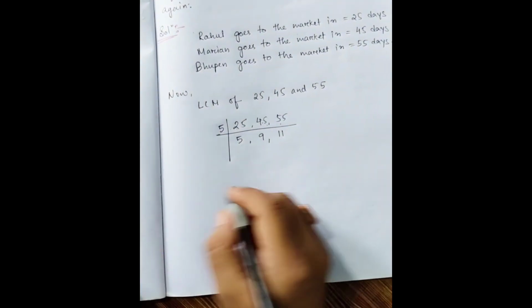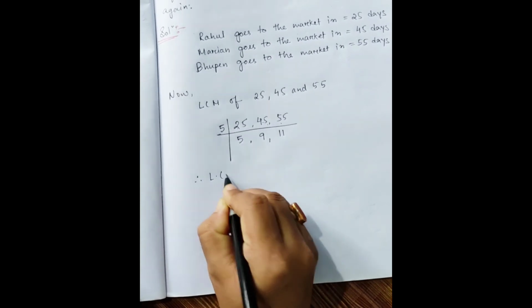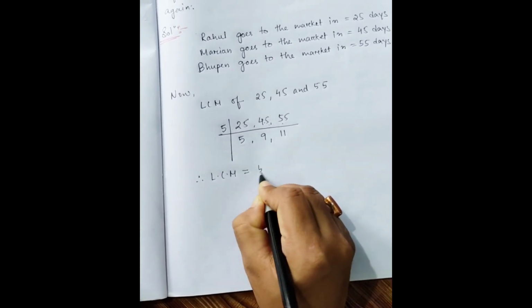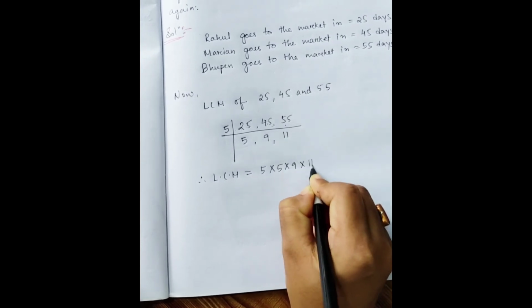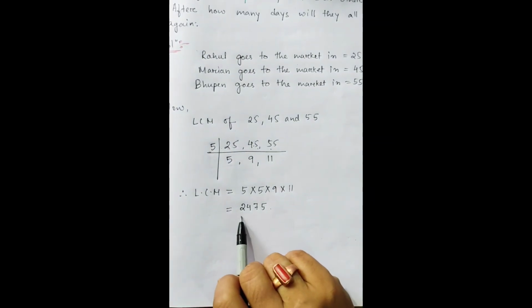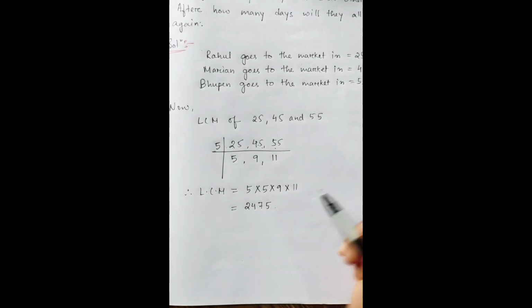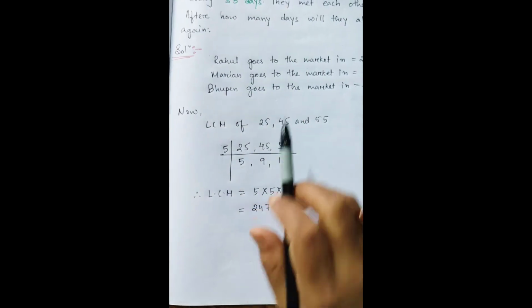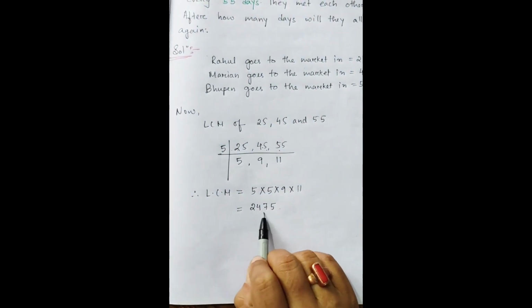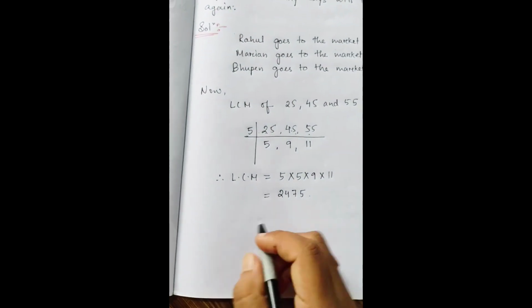So here you will get, therefore LCM is 5 into 5 into 9 into 11. And you will get the answer 2475. This means that they will meet again after 2475 days.